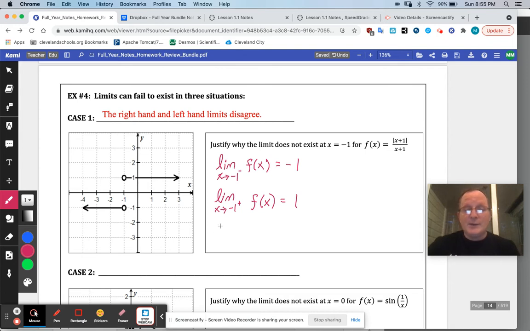So therefore, the limit as x approaches -1, in general, slow down, does not exist.